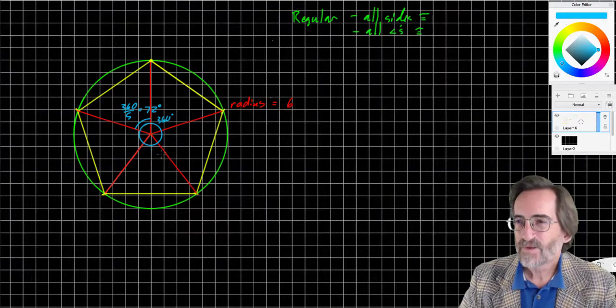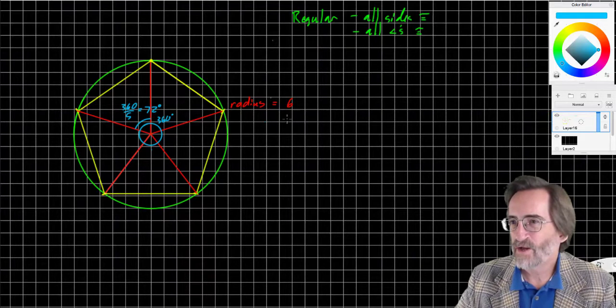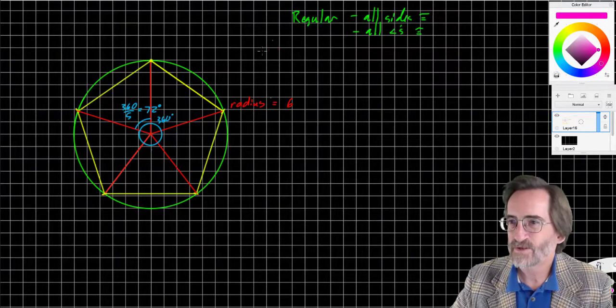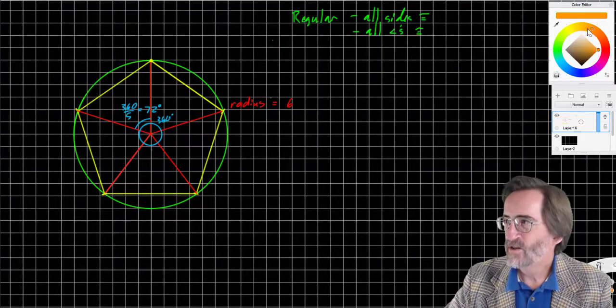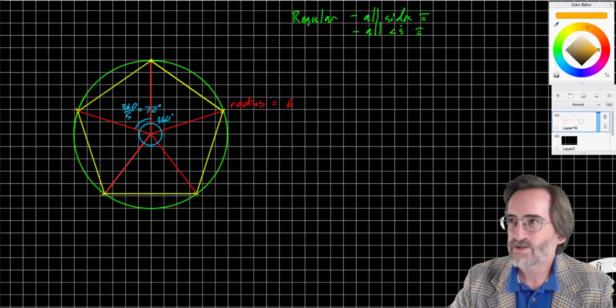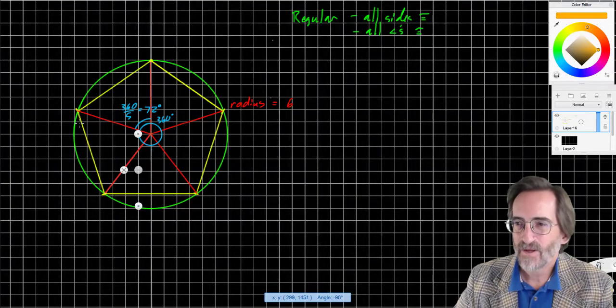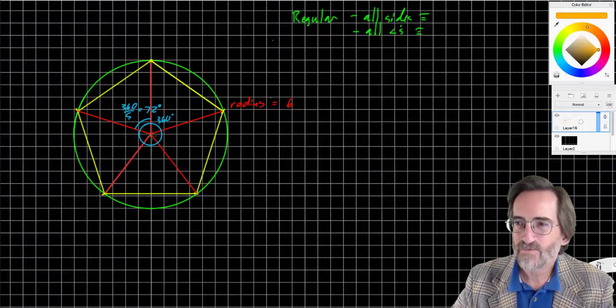Now I'm going to draw another segment here that we're going to call the apothem. The apothem is drawn from the center of the regular polygon down to the midpoint of one of the sides.